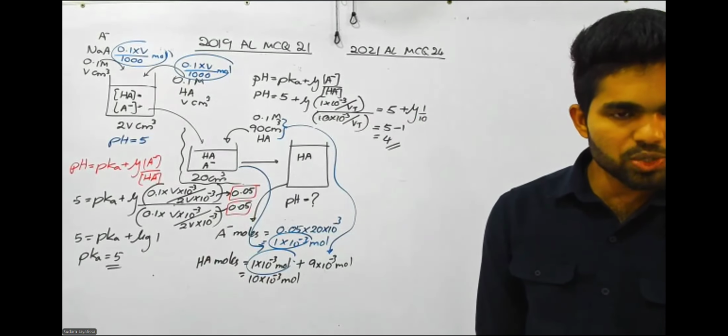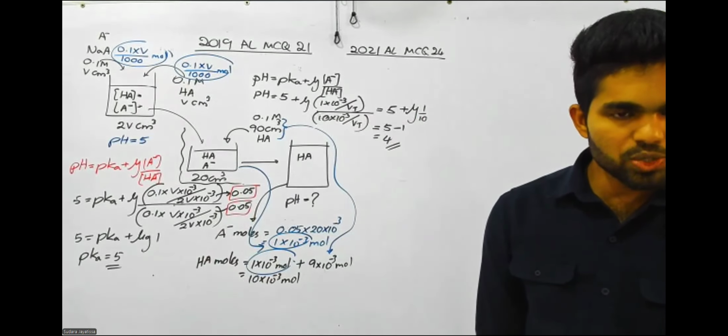And the HA concentration is 0.1 into 10 into 10 to the power minus 3 plus 1 into V into 10 to the power minus 3, divided by the total volume. So the total volume and the 10 to the power minus 3 get cancelled. You can say log 1 over 1 plus V.